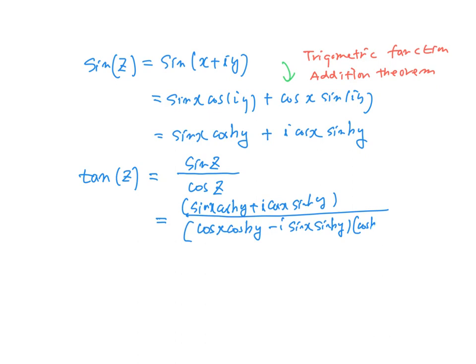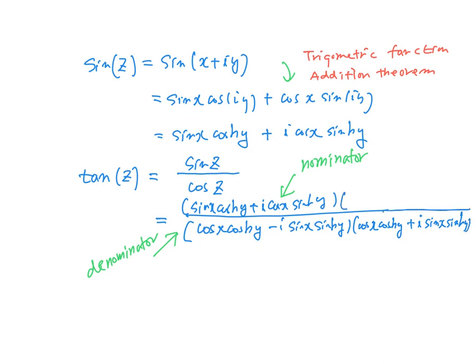Oops. So, the denominator is called 분모, and the numerator is called 분자. So cosine x cosine hyperbolic y plus i sine x sine hyperbolic y, and you multiply the same thing.